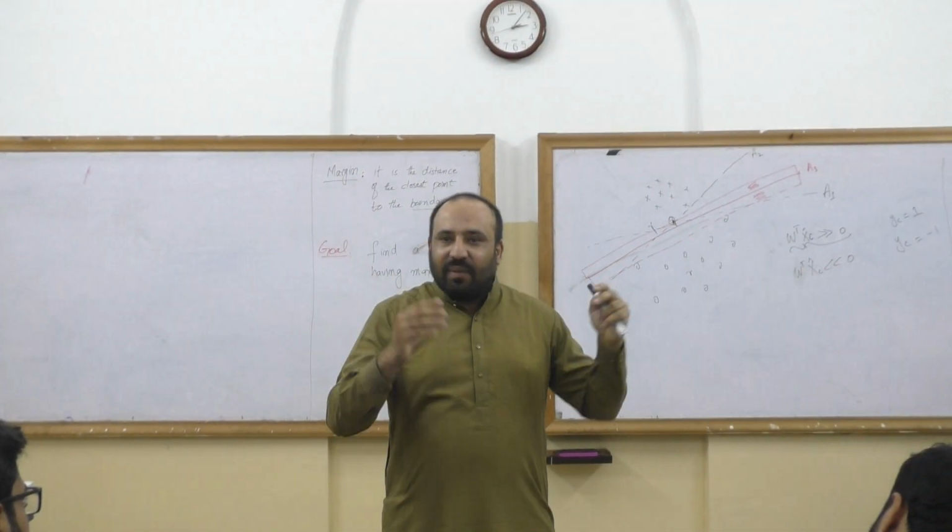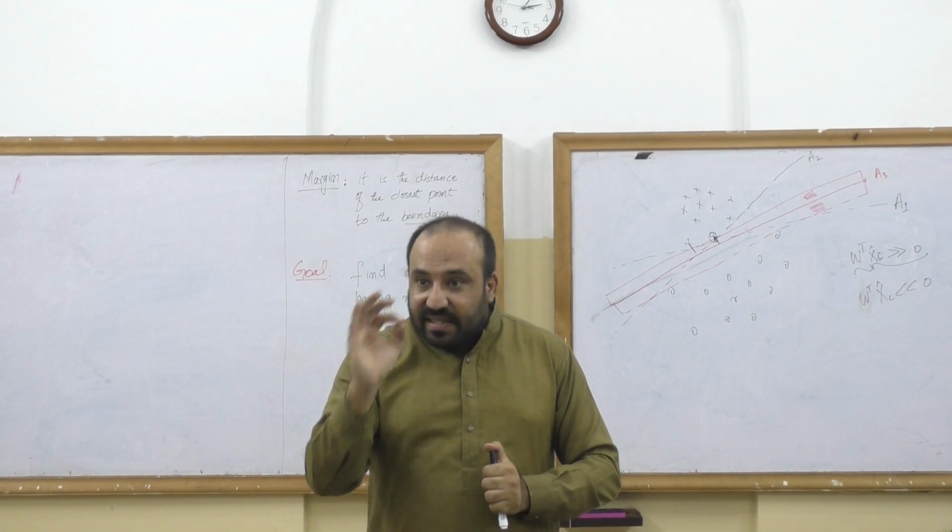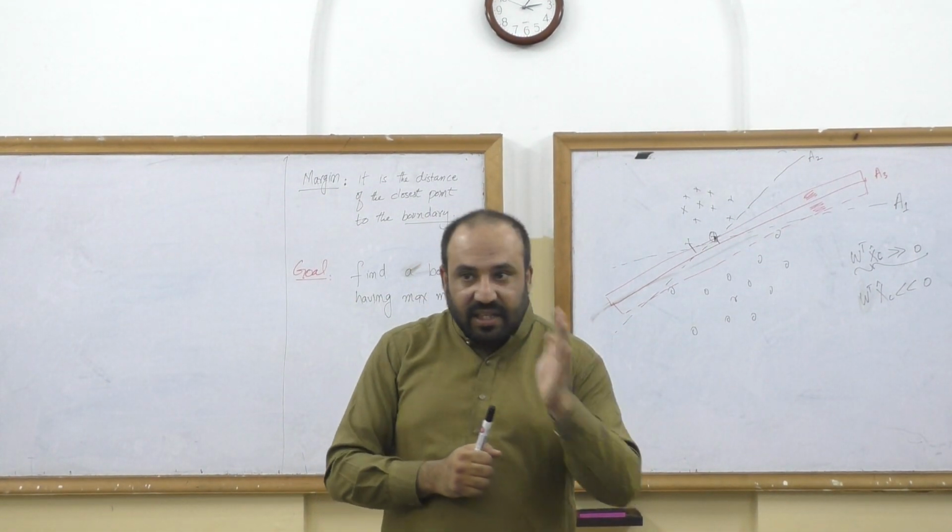Now you will see that the parameters are actually small, the solution is actually sparse. We will see that, and that is the basic difference of logistic regression and SVM.